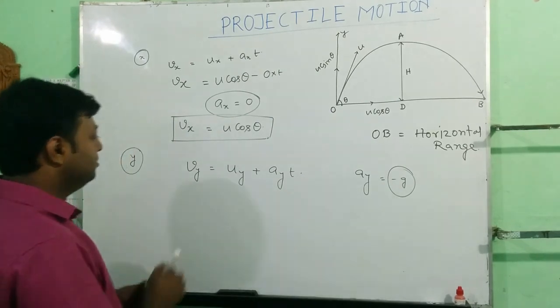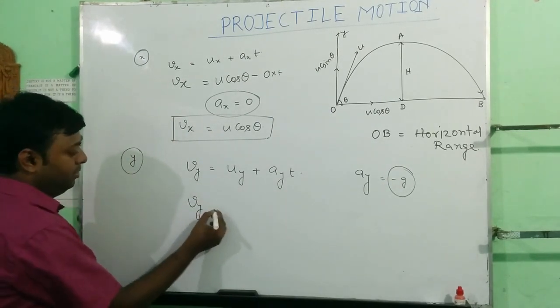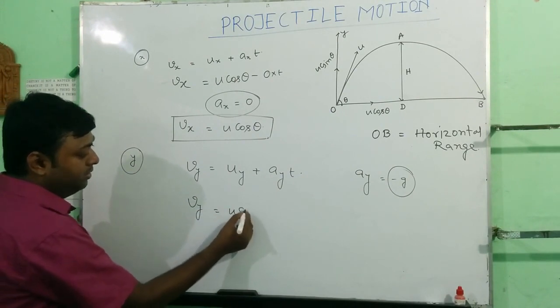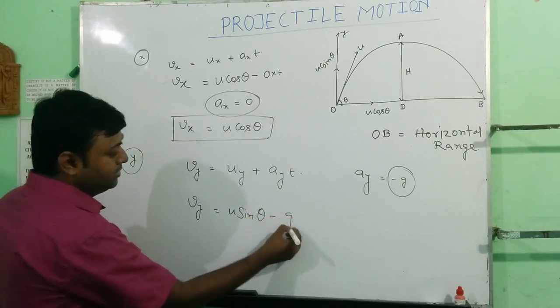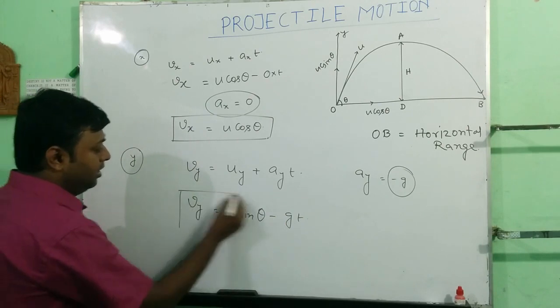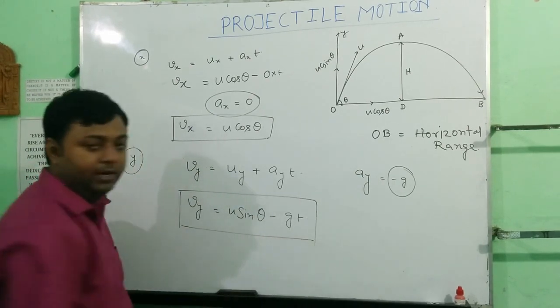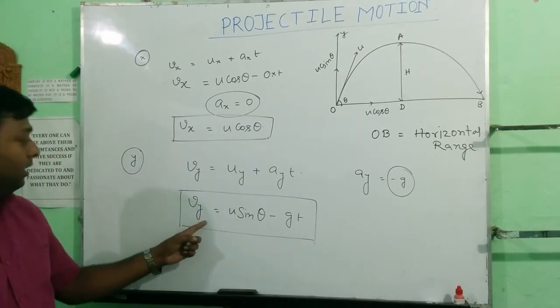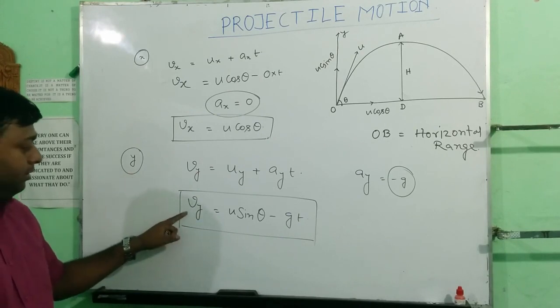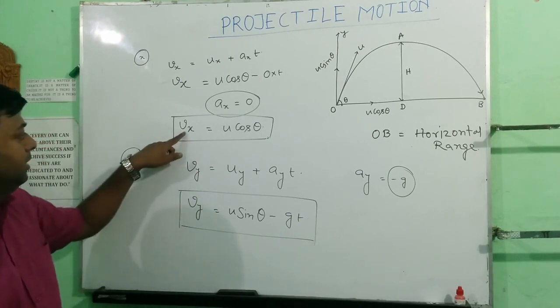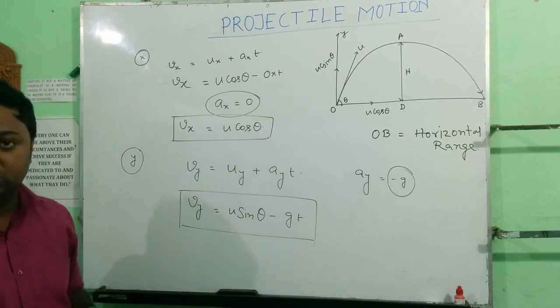So the equation becomes Vy equals u sin theta minus g t. It is the velocity at time t for the y direction, and for the x direction it is u cos theta.